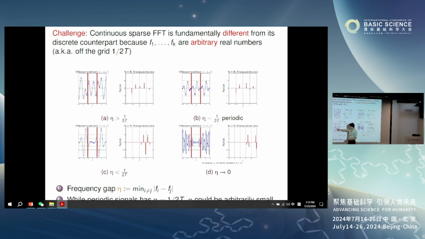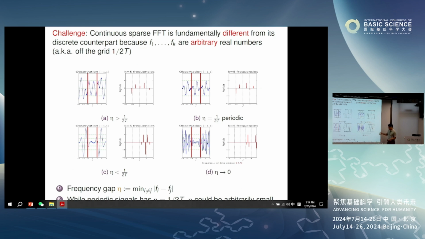So you can see the signal in my time window. Its energy is relatively small compared to the signal outside of the time window, and things become worse if the gap of these frequencies gets smaller and smaller. I only have my observation in this time window, but it's relatively small compared to the outside.